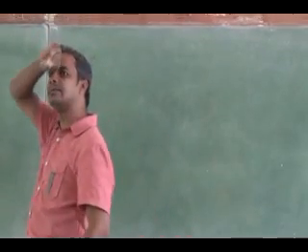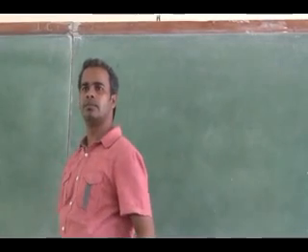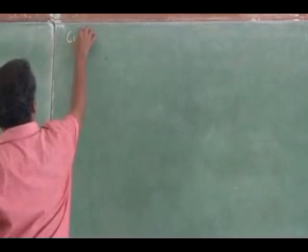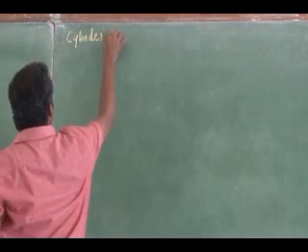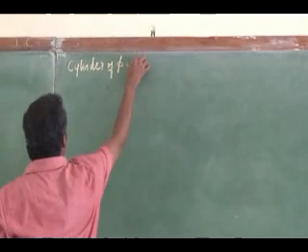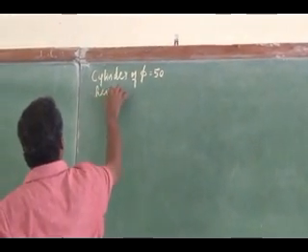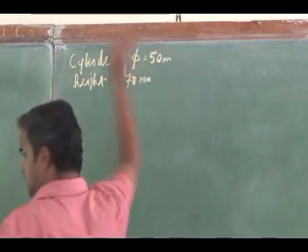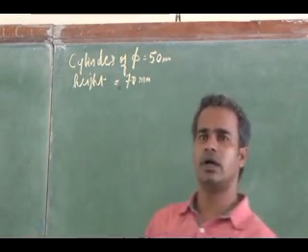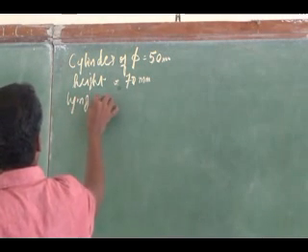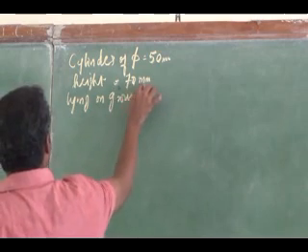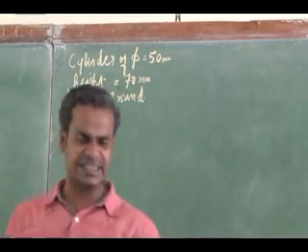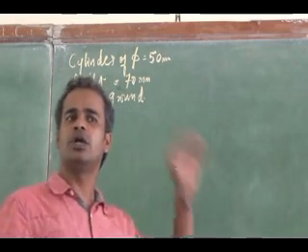Take the problem. A cylinder of diameter 50 mm and height 70 mm, lying on the ground with one of its generators, such that the axis is perpendicular to VP.